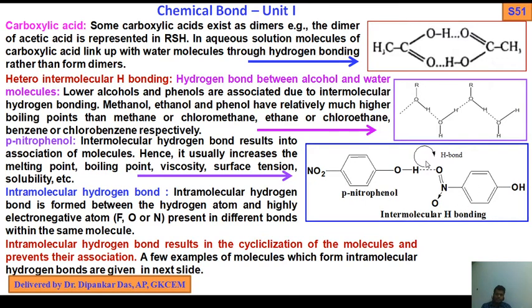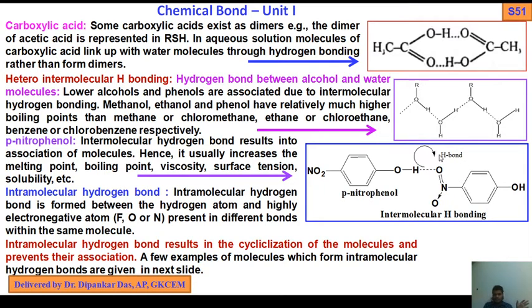It forms a hydrogen bond with another para-nitrophenol molecule. Here the NO2 oxygen forms a hydrogen bond with the hydrogen which is already covalently attached to the more electronegative oxygen atom. So this is a hydrogen bond. Intermolecular hydrogen bonding is observed in para-nitrophenol, or with water, HCl, ammonia, etc.